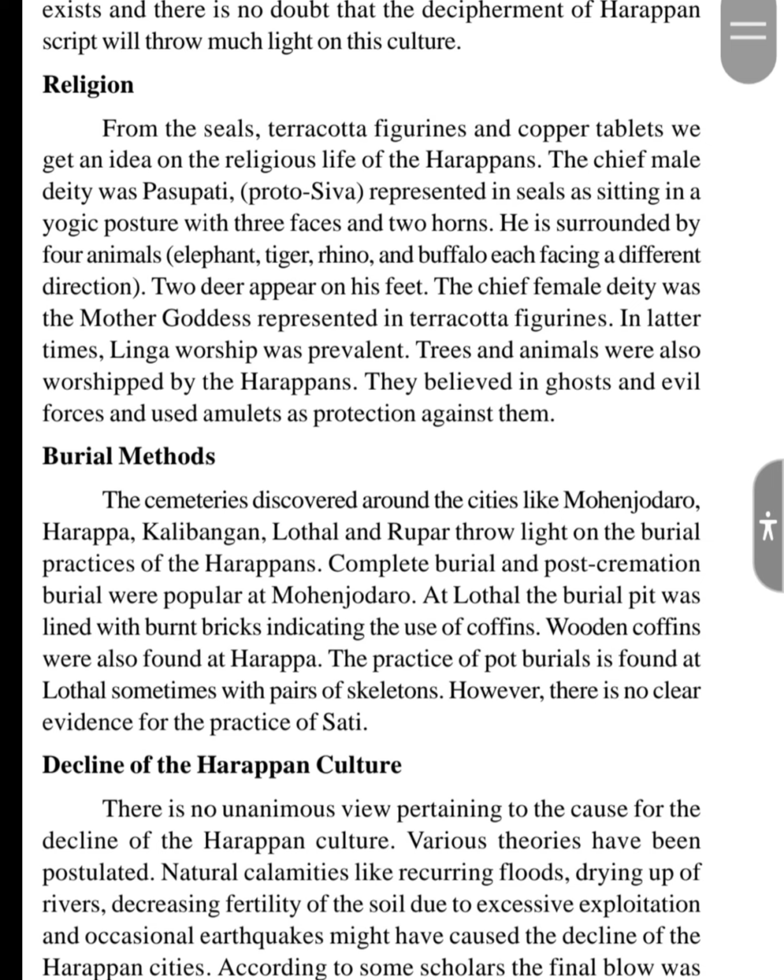At Lothal, the burial pit was lined with burnt brick, indicating the use of coffins. Wooden coffins were also found at Harappa. The practice of pot burial is found at Lothal, sometimes with a pair of skeletons. However, there is no clear evidence for the practice of sati.